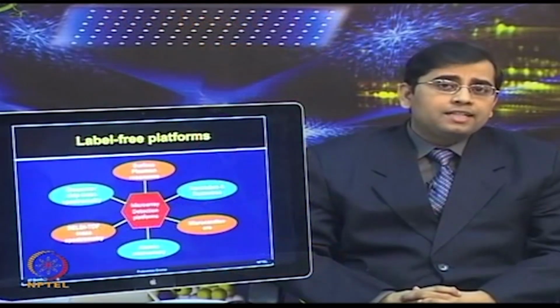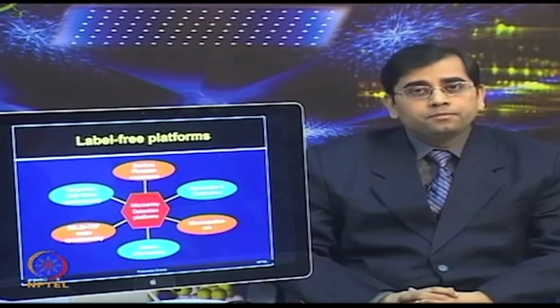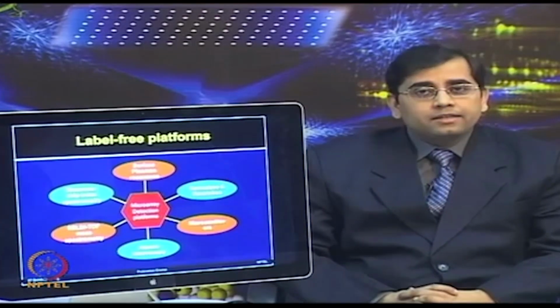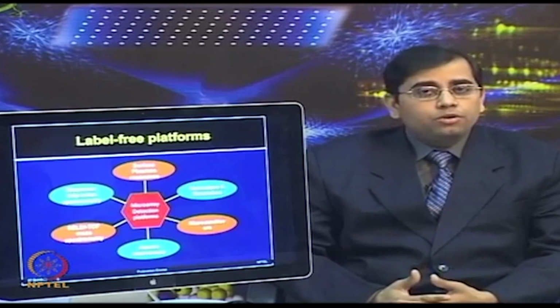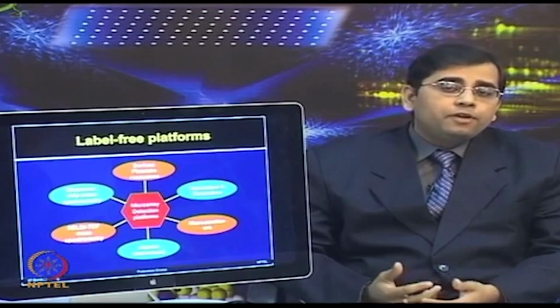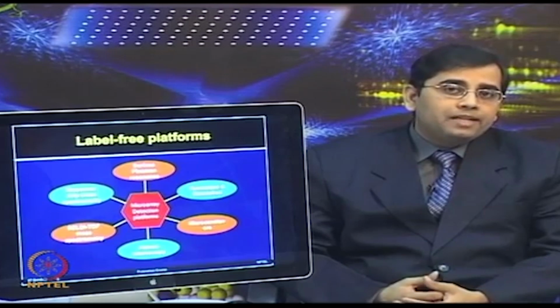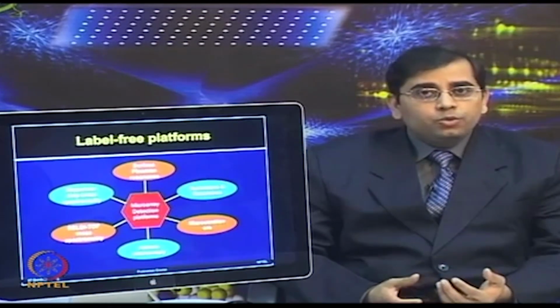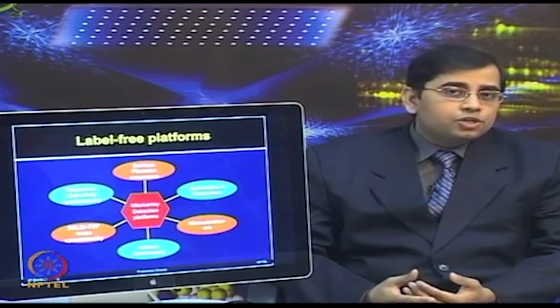Although today we will not discuss the label free platforms, just for your information, there is an increasing trend now to also apply label free platforms for microarray based applications. On one hand, the label based systems use tags for detection of the signals.